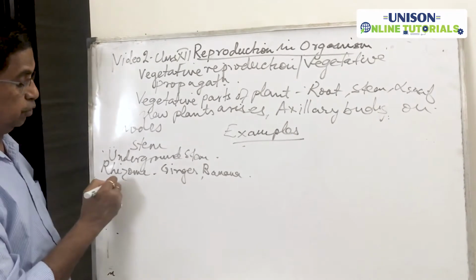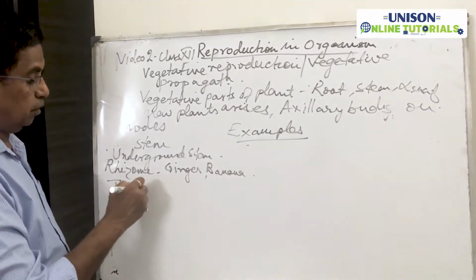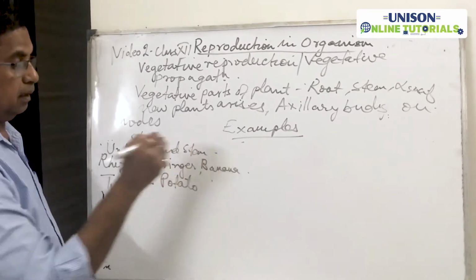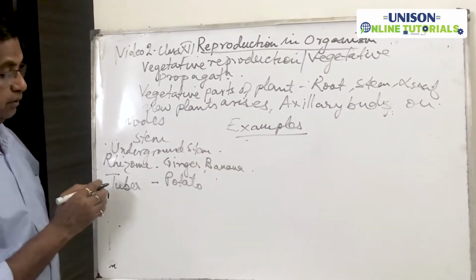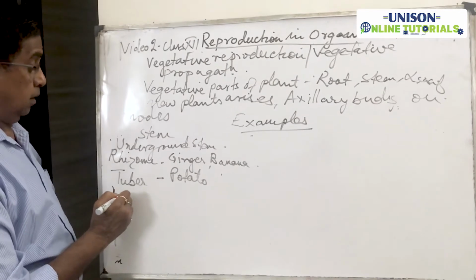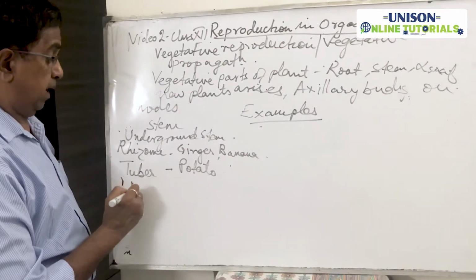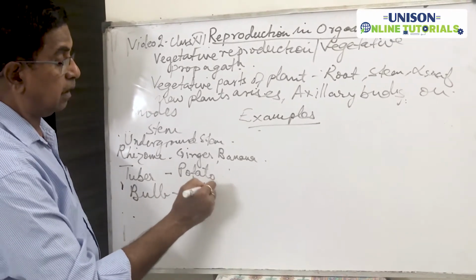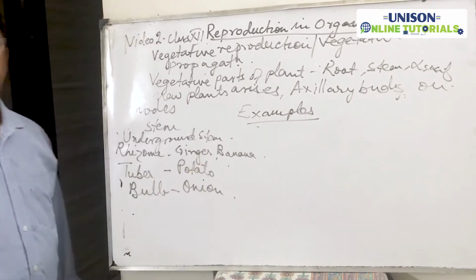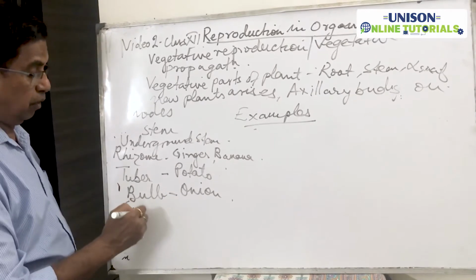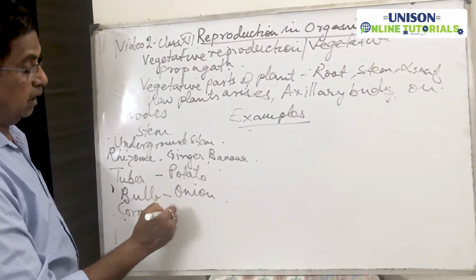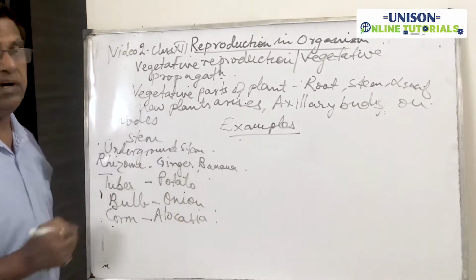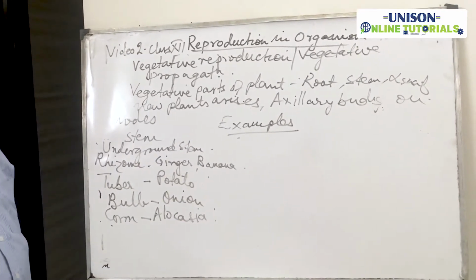Then you have the tuber, example is potato. Then the bulb, example is onion and garlic. And also corm. Corm example is alocasia or colocasia, which in common language we call jimican.